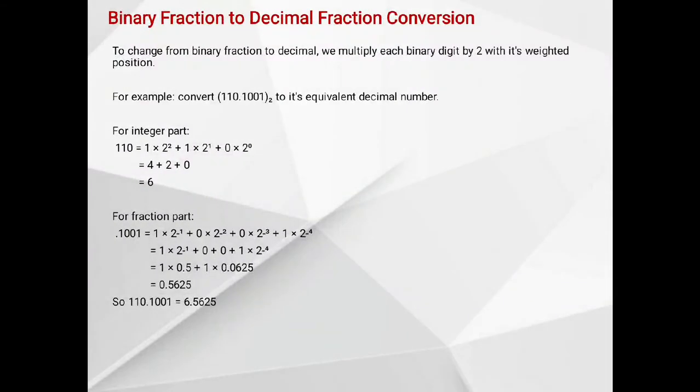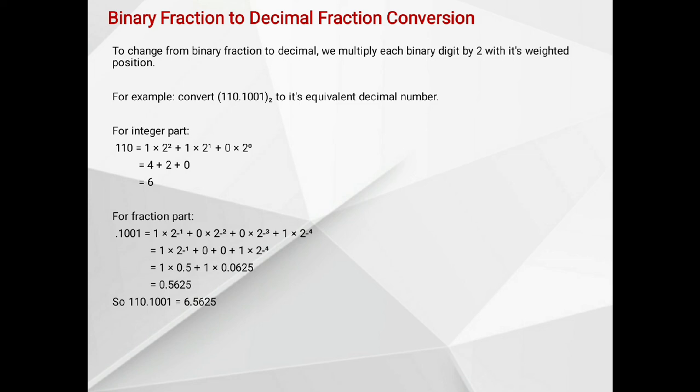Next we have binary fraction to decimal fraction. To change the binary fraction to decimal fraction, we multiply each of the binary digits by 2, same as we did in the binary to decimal conversion, according to its weighted position.